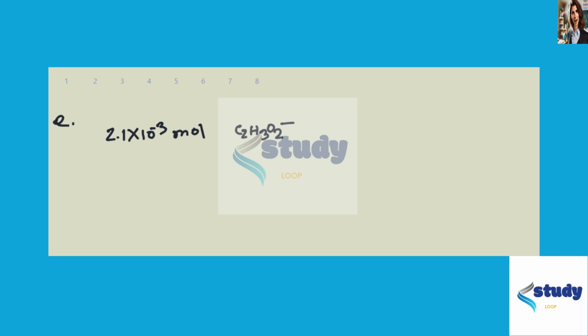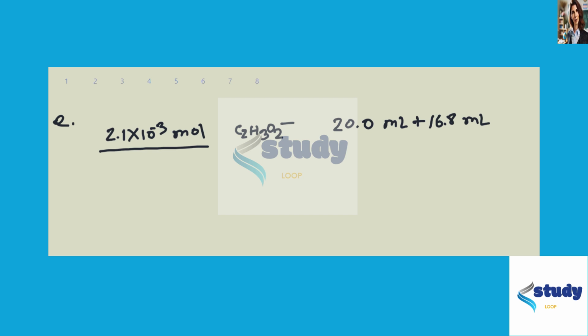Now we have to find the concentration of acetate ion at the equivalence point. So we have to divide these moles by the total volume of the solution at equivalence point, which is we already had the acid solution as 20 ml, and to reach the equivalence point we have added 16.8 ml of the base.